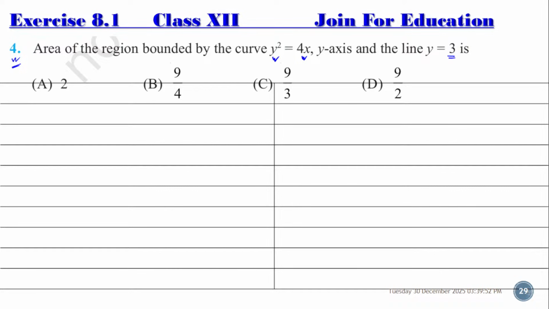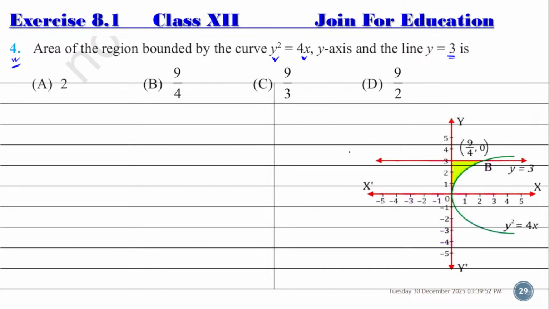Let's see the relevant figure, which helps us understand the question easily. This is the relevant figure. This is the equation of the parabola, the y-axis, and this is the line y equal to 3.